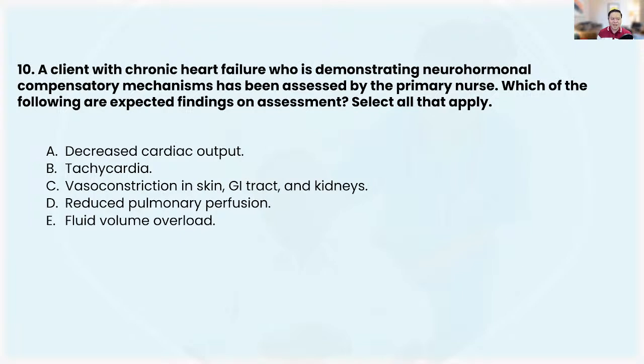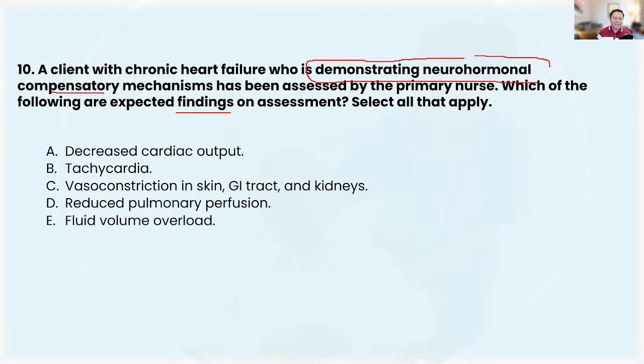Which of the following are expected findings on assessment? And the scenario is on a patient with CHF demonstrating neurohormonal compensatory mechanisms. All right.